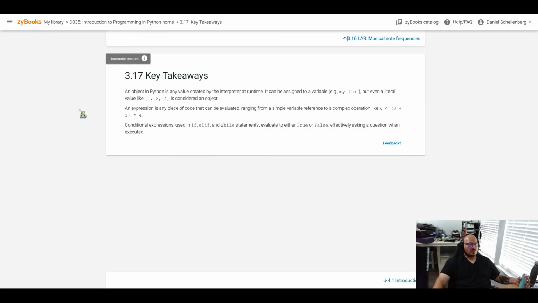Key takeaways. An object in Python is any value created by the interpreter at runtime. It can be assigned to a variable, for example my_list, but even a literal value like 124 is considered an object.